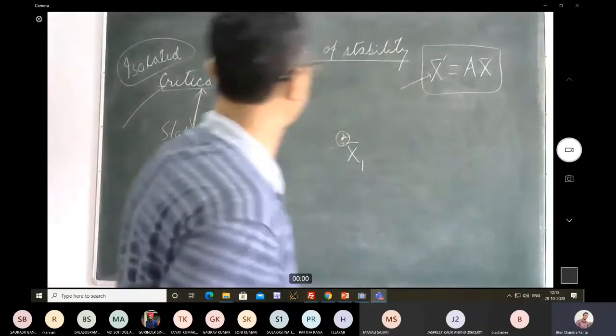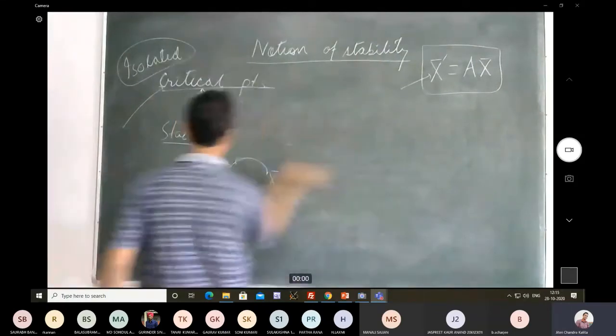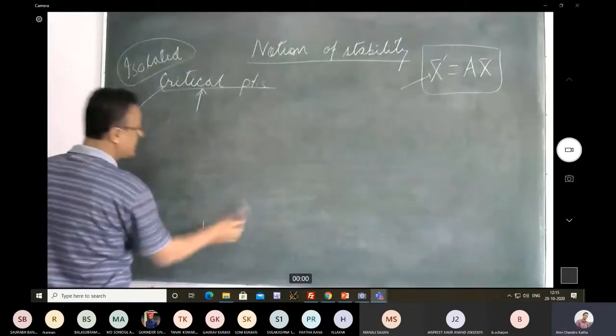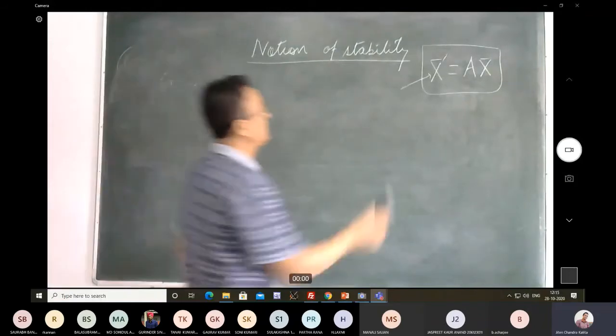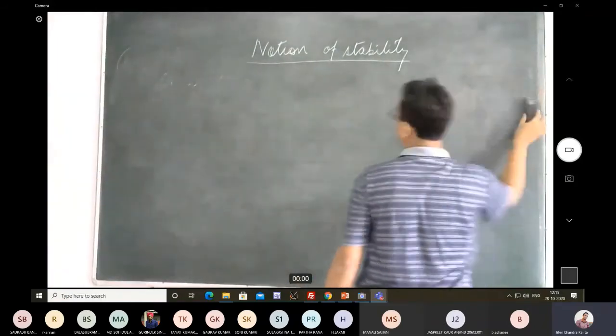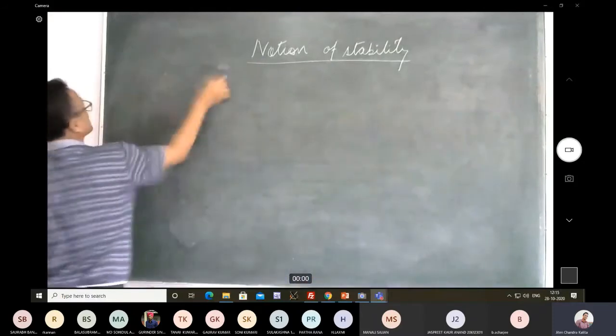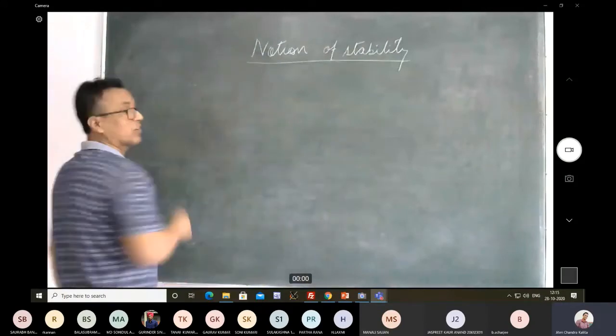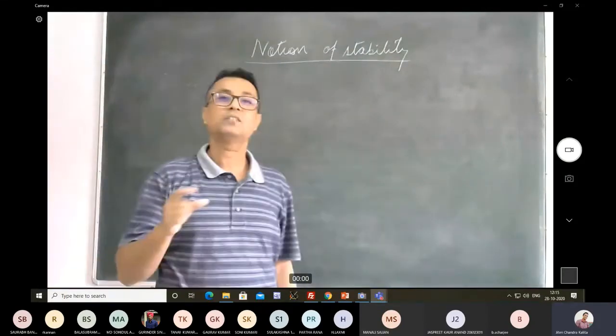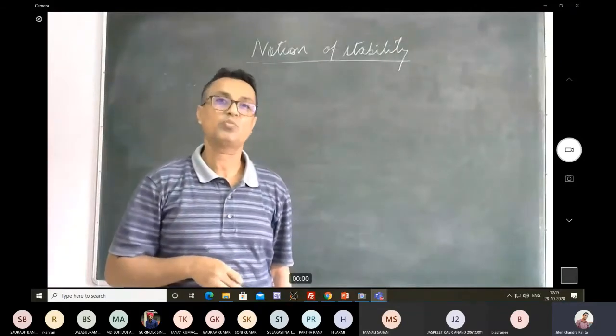I am into the notion of stability, and I would like to explain it through a single differential equation, not necessarily through a system of differential equations. You will see that I'm going to take a very simple equation. I'm going to talk about population growth.